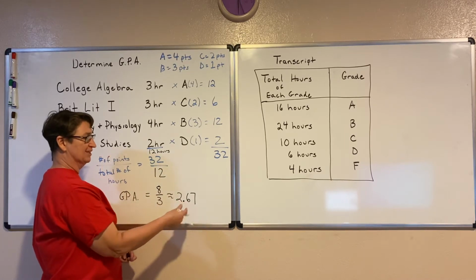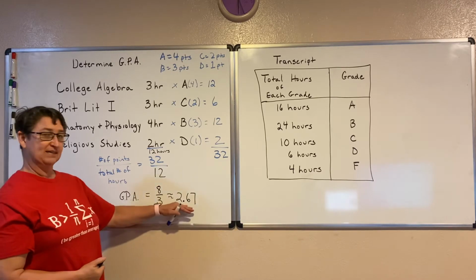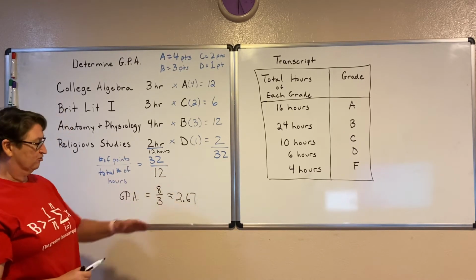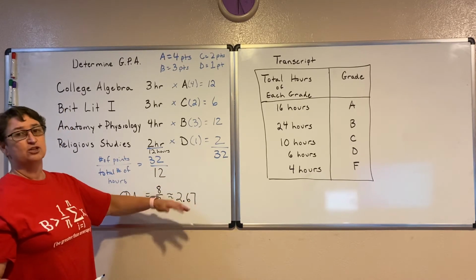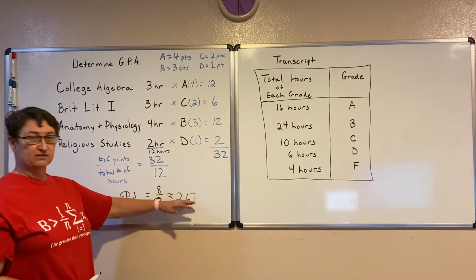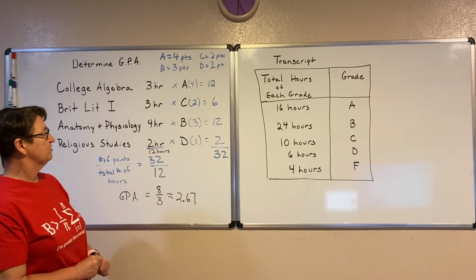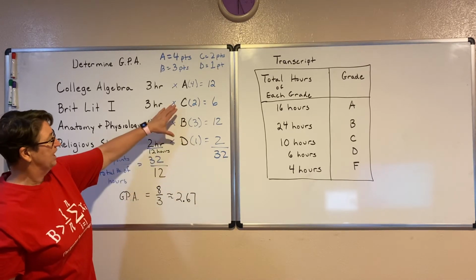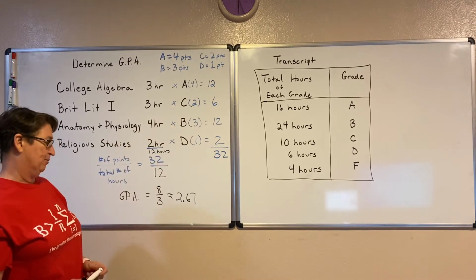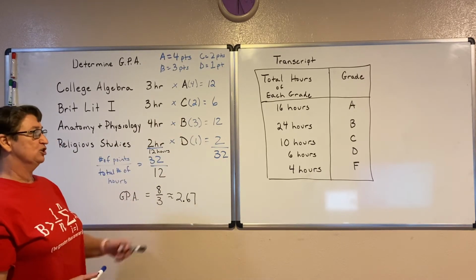On average, it's kind of a high C, because 3 would be B's, 2's would be all C's, and so somewhere in between there is something in the C range. So you can see that the D and the C kind of pulled that grade down a bit. So 2.67 is the GPA.